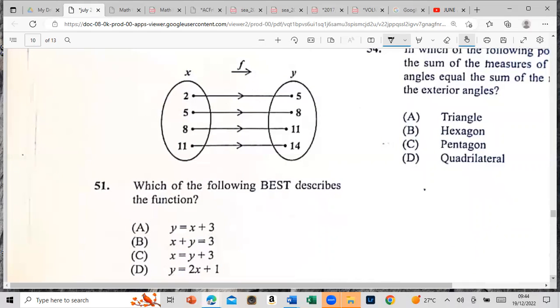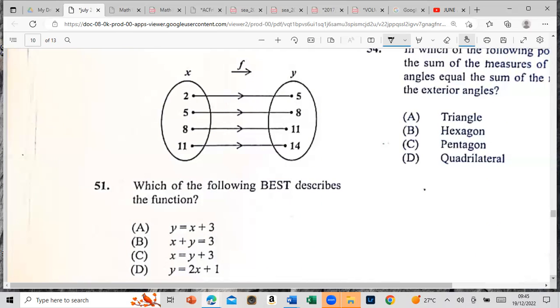Let's go. Alright, what's the answer, guys? Which of these best describes it?